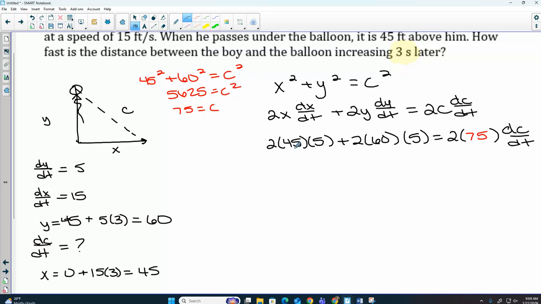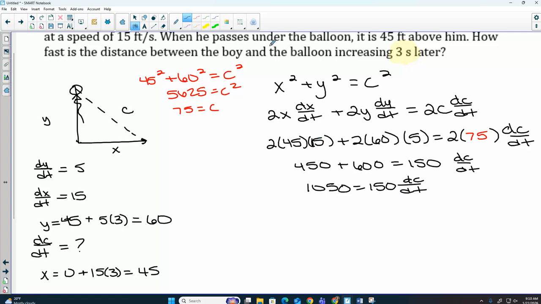So if we work this out, hold on, I put in 5 for my dx/dt instead of 15, didn't I? That changes things.